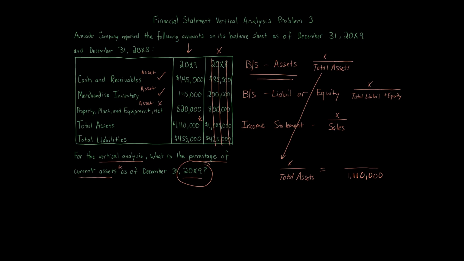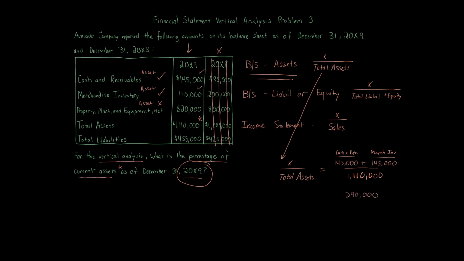So really, the current assets here are the sum of cash and receivables plus merchandise inventory. We can add those two numbers together. $145,000 from the cash and receivables plus the merchandise inventory, $145,000. That's going to give us $290,000.